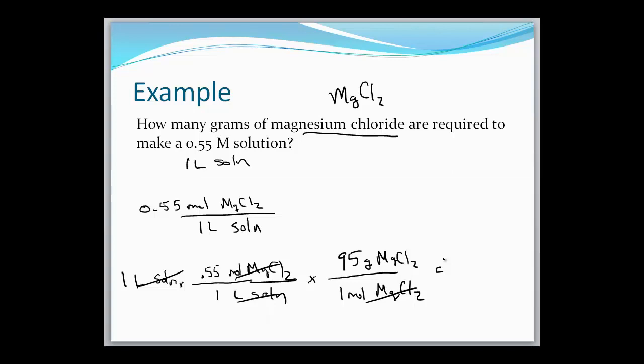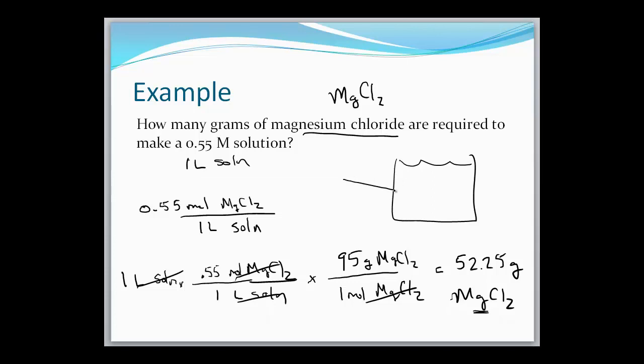Do the math now, and we get 52.25 grams of magnesium chloride. So what that means is we would take 52.25 grams of the solid magnesium chloride, we would put it in a 1 liter flask that was filled up to a liter, and we would have a 0.55 molar solution.